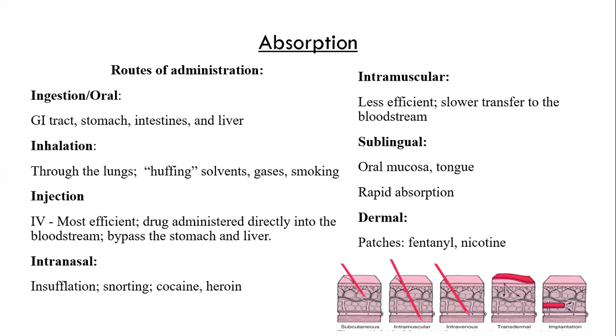Then from there it enters the liver, and from the liver into the blood circulation. From the blood circulation, it then enters the different parts of the body where it performs its function. It can also be inhaled through the lungs.